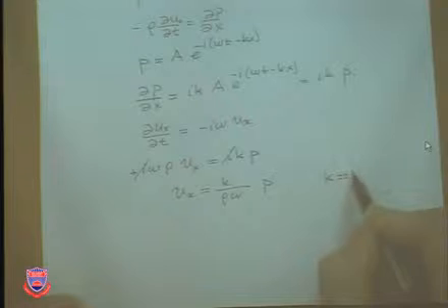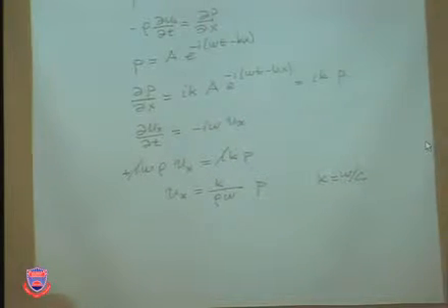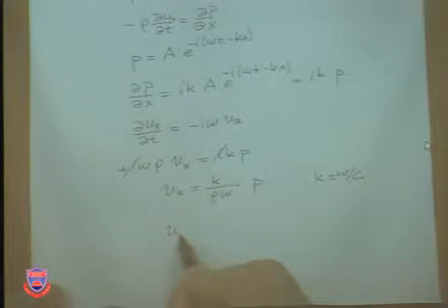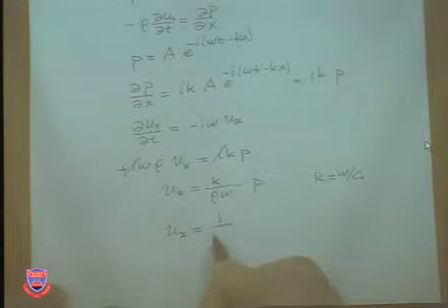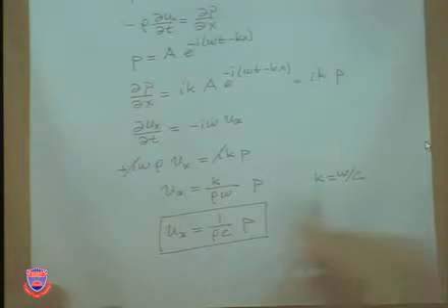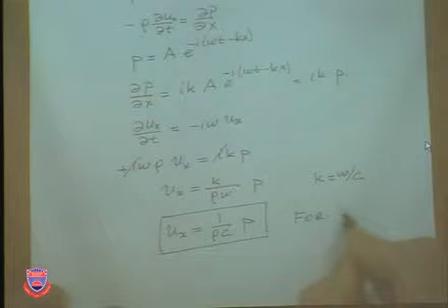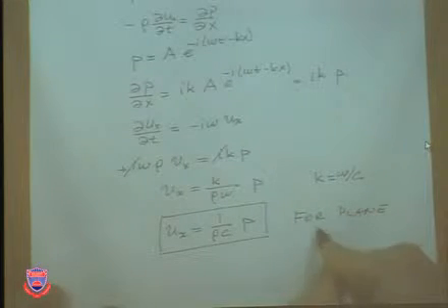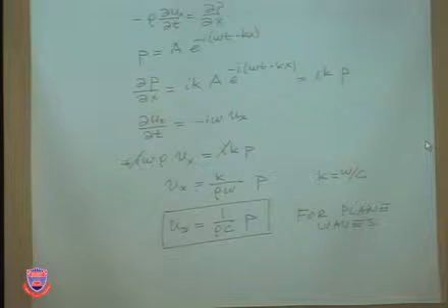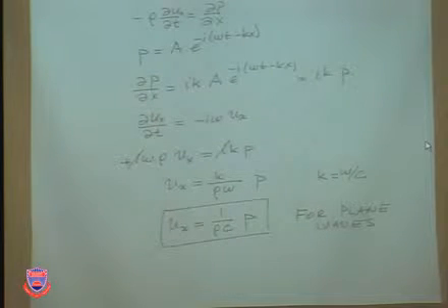Remember, wave number is radial frequency divided by the speed of sound. So what we have is, but this simplification is true only for plane waves. Pressure and particle velocity are related through a product of density and speed of sound.